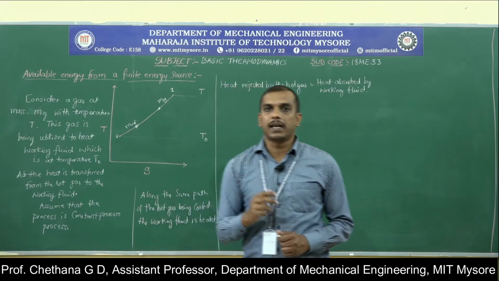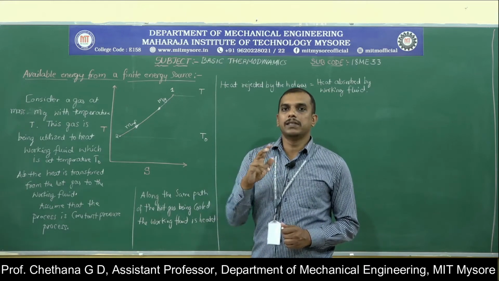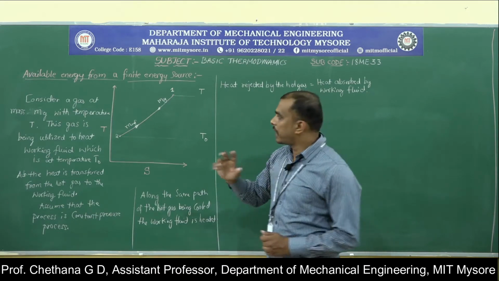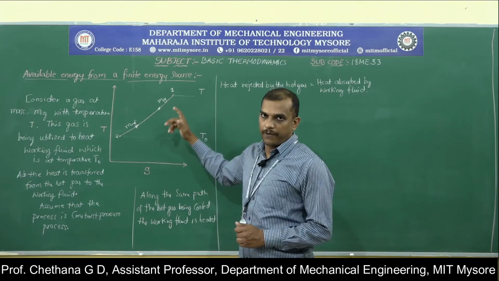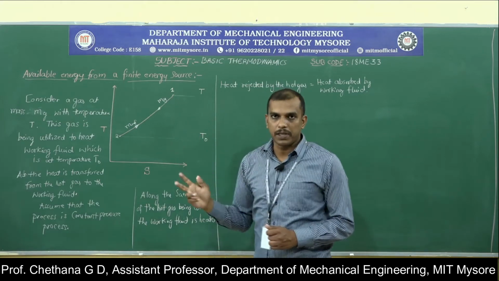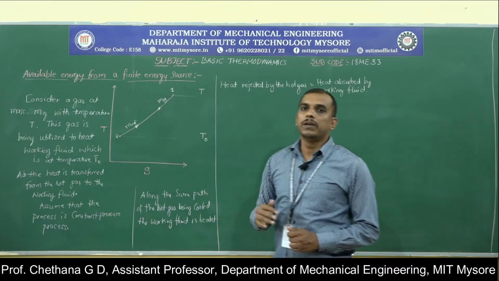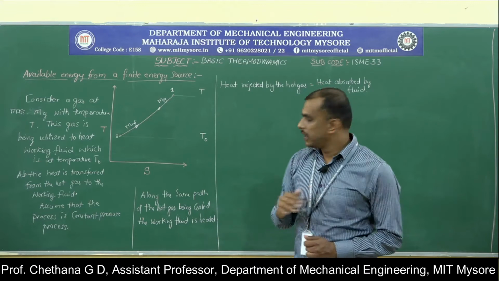As we discussed in the last class, if there is a temperature difference between the working fluid and the source, there is irreversibility. So in order to make the process reversible, there should not be any difference between the source and working fluid temperature. If there is a finite temperature difference, you are going to get irreversibilities.